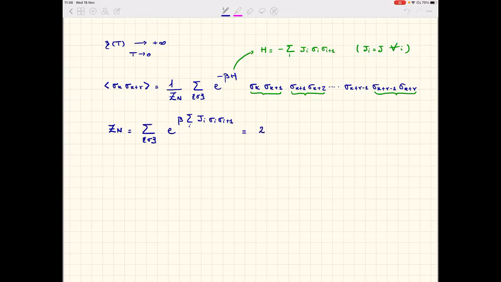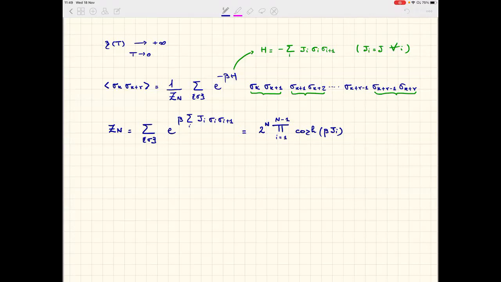And what you will get is 2 to the n times the product over i from 1 to n minus 1 of cosh beta J_i. Now you see that this is exactly what I had before if I put all the J_i identical, right?